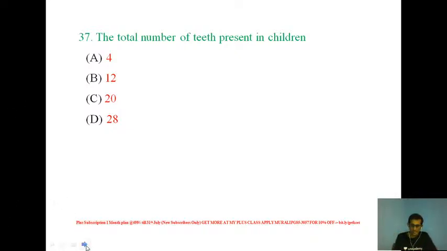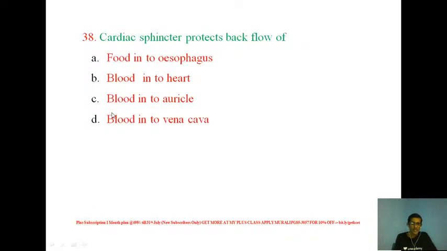The next question, 38. Cardiac sphincter protects backflow of what? Where is it present and what is its importance? The options are food into esophagus, blood into heart, blood into auricle, blood into vena cava.